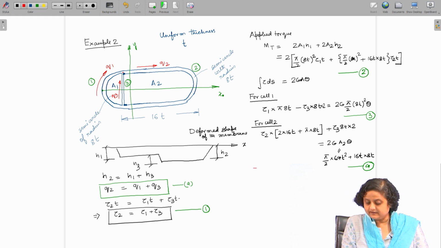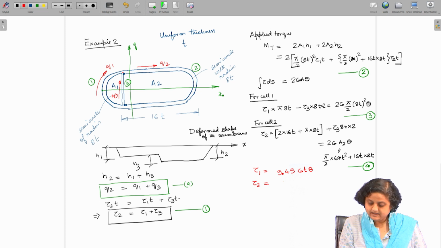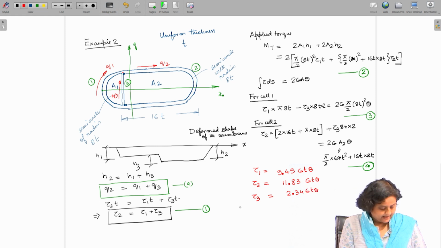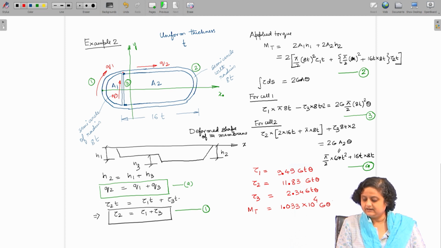If you solve this, you will get tau 1 as 9.49 GT theta, tau 2 is going to be 11.83 GT theta, tau 3 is going to be 2.34 GT theta, and we will get MT in terms of theta as 1.033 into 10 to the power 4 into GT^4 theta.